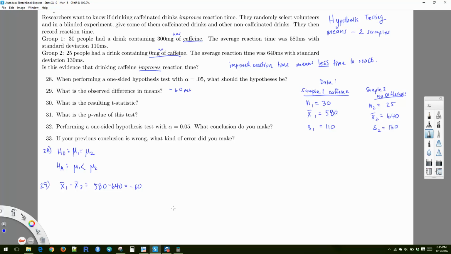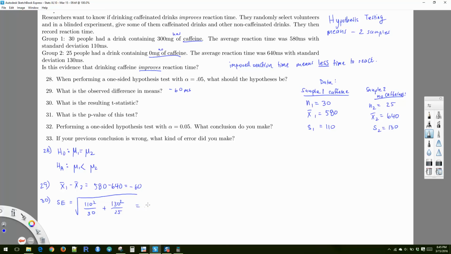Okay, number 30. We have to figure out our test statistic. Our standard error is going to be the square root of 110 squared over 30 plus 130 squared over 25.